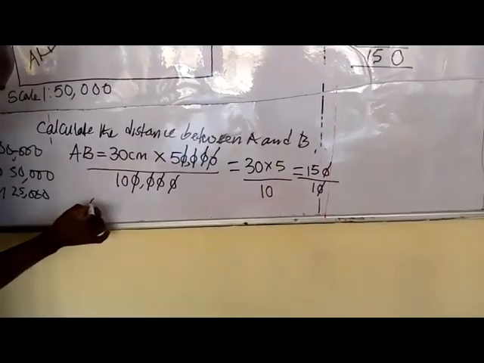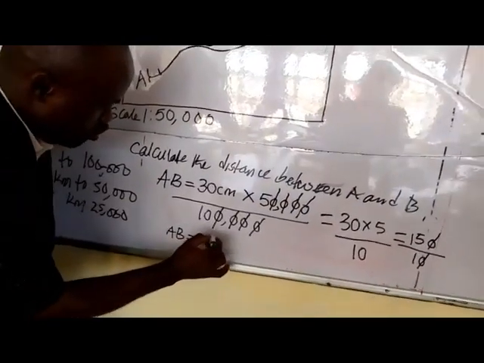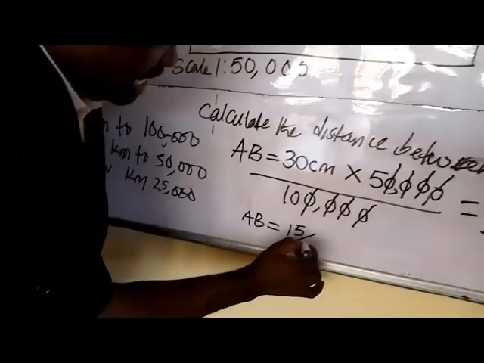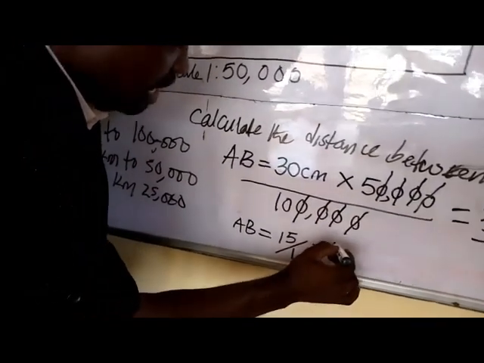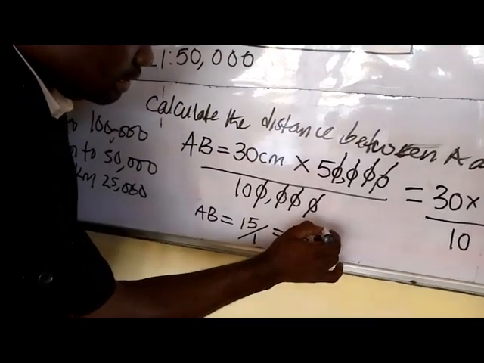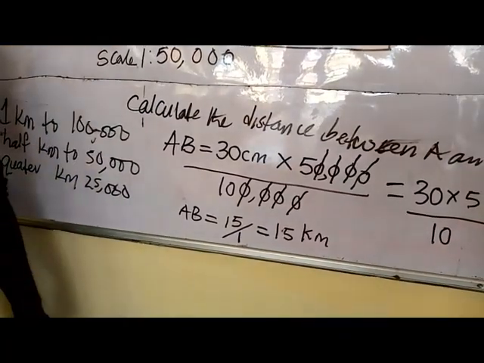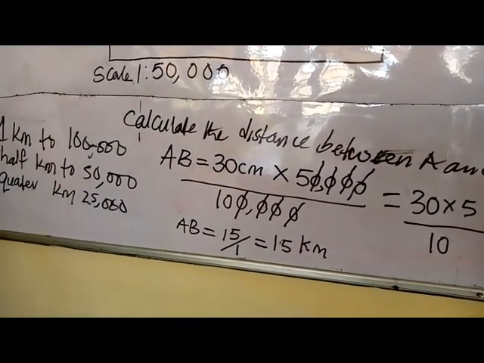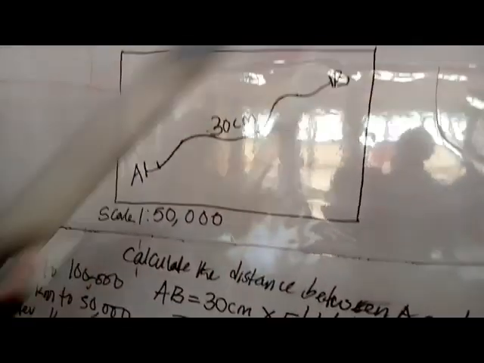So it means that AB is equal to 1 all over 15 all over 1. That is to say, we have 15 kilometer. 15 what? Kilometer. So that's the one, in terms of a measurement of units.